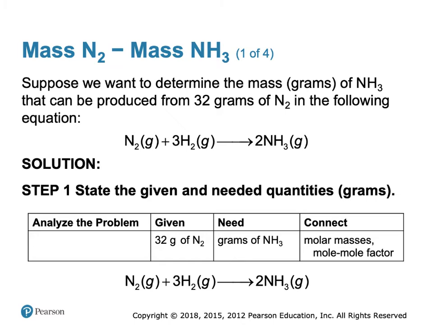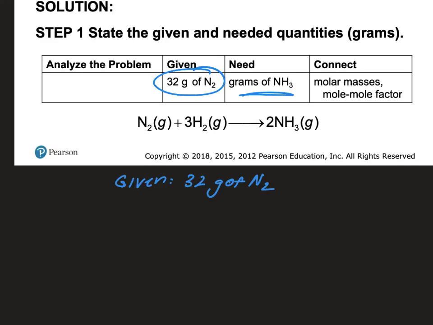So first what we're going to do is write down what's given. We have 32 grams of nitrogen. We need to find out how many grams of ammonia are going to be produced. So I rewrote that we are given 32 grams of nitrogen. We can determine the molar mass of N2 by using the periodic table. The atomic mass of nitrogen is 14.01 AMU.